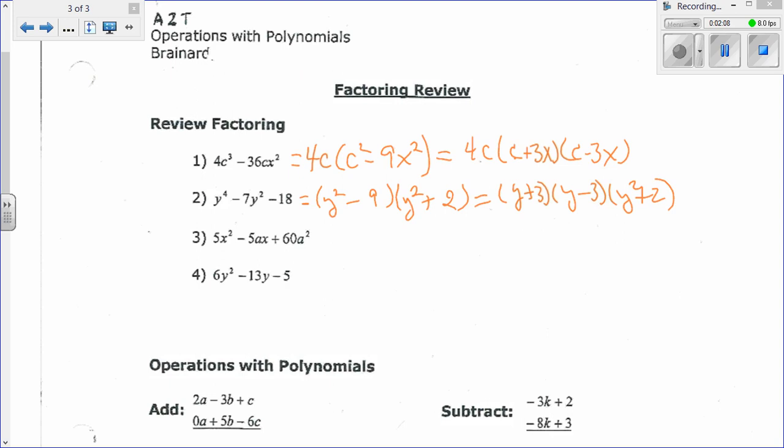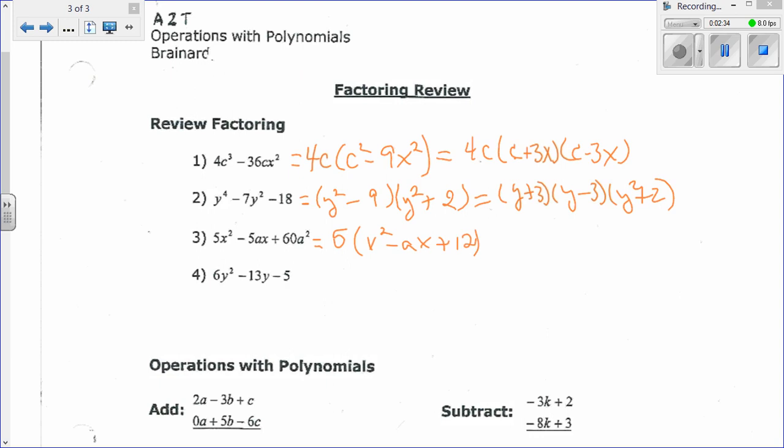For the next one, 5x squared minus 5ax plus 60a squared, I am going to look for a GCF, and my GCF is 5. And when I factor it out, I'm left with x squared minus ax plus 12.